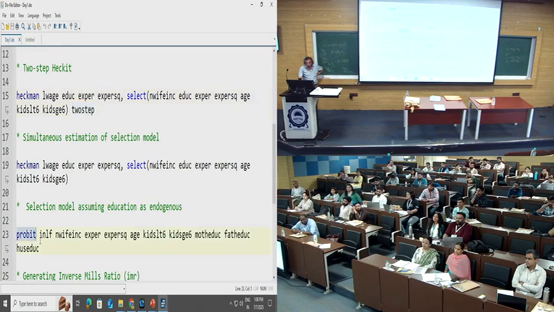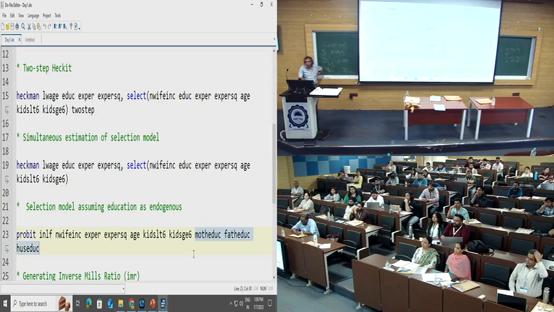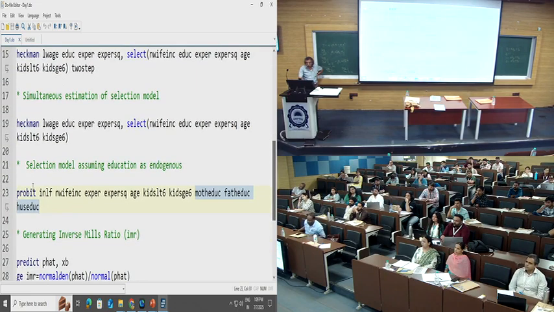So first step, I run this, where I include the mother's education, father's education, as well as the husband's education. Remember, exactly the same variables are there, plus, for my identification, I need more variables, as I said, and the more variables are mother's education, father's education, and husband's education. Three more variables I included. I can estimate this model as a probit, as we do in sample selection.